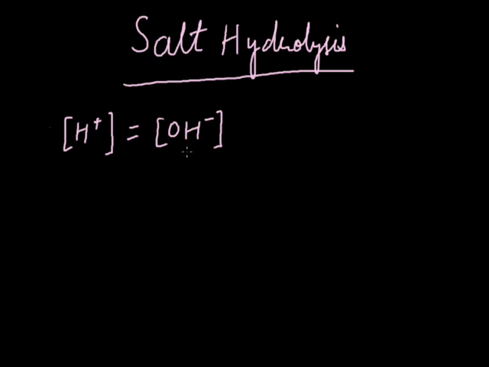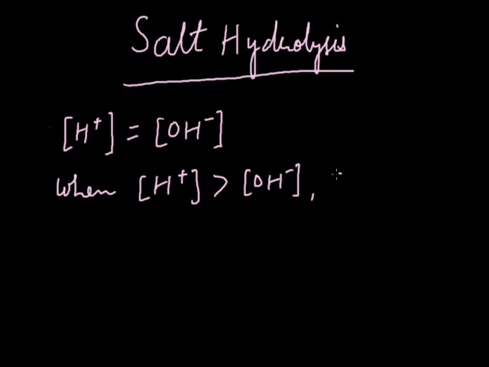When this condition is disturbed by decreasing the concentration of either of the two ions, the neutral nature changes into acidic or basic. When the concentration of H plus ions is greater than the concentration of OH minus ions, water becomes acidic in nature.